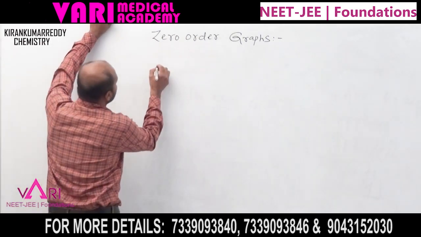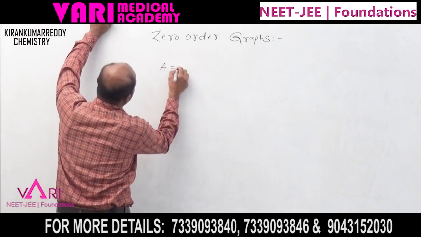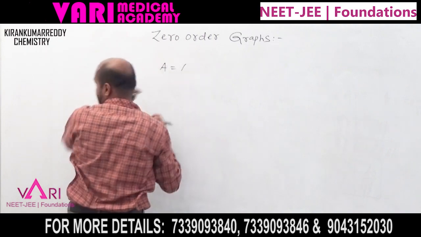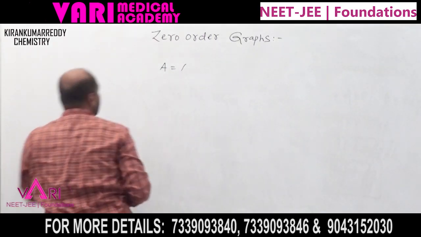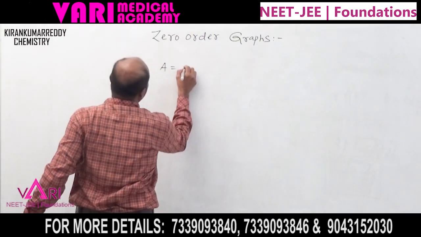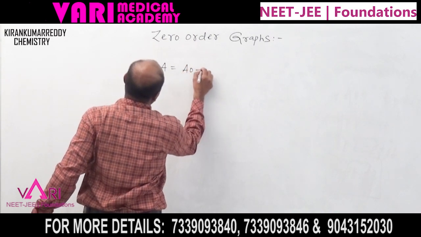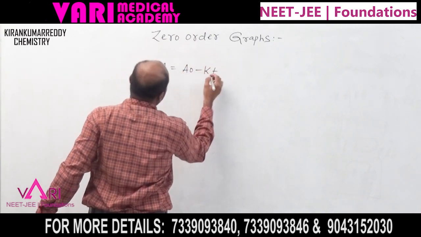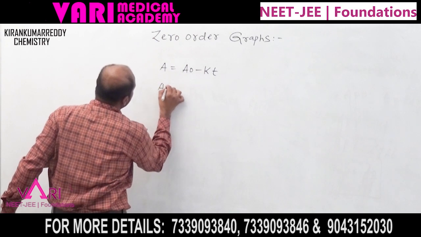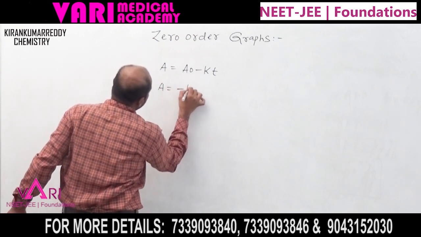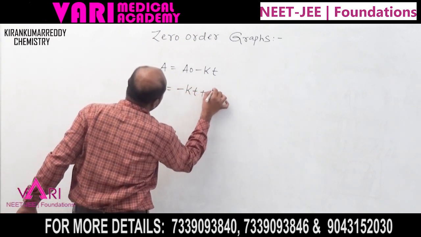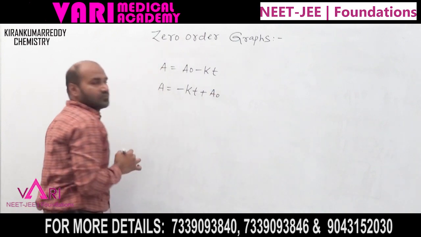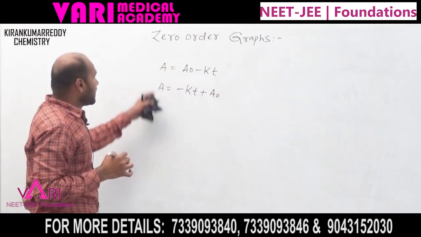Now what is the equation, student? A is equal to A0, we can write A equal to A0 minus kt. Otherwise we can write A is equal to minus kt plus A0. This is the rate equation.